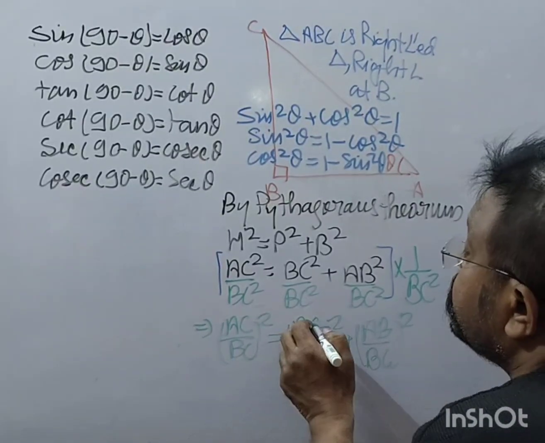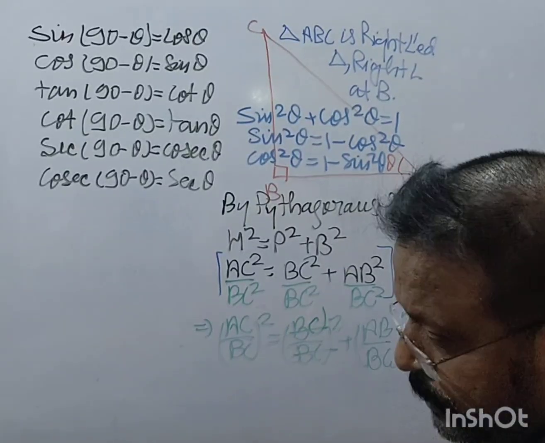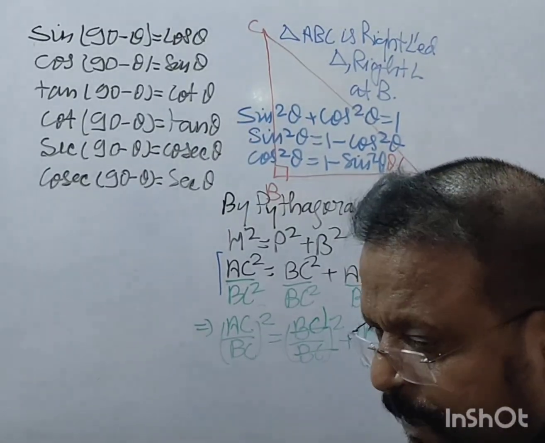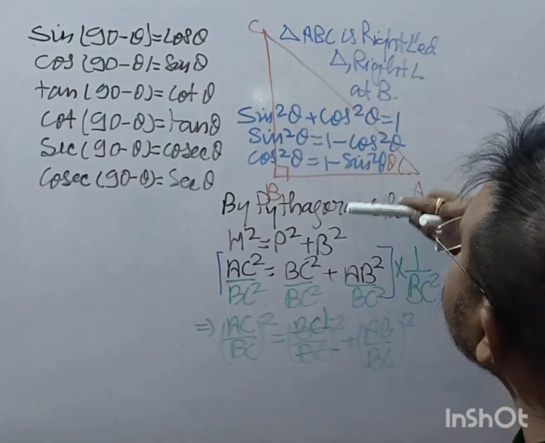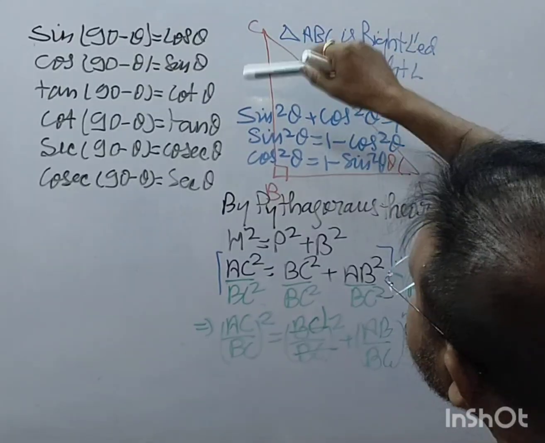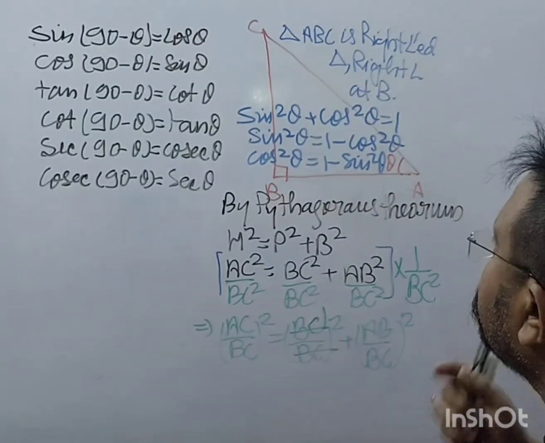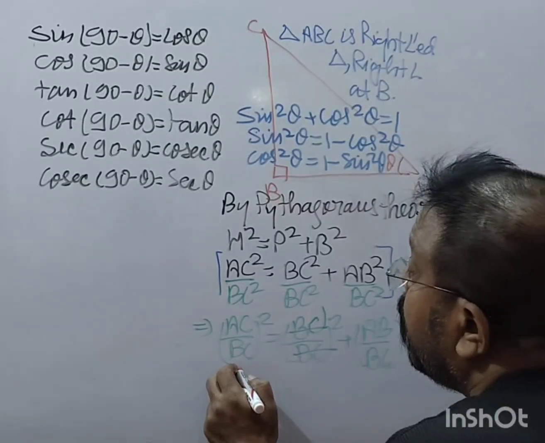BC and BC cancel out and you get 1. So AC upon BC is how much? Hypotenuse upon perpendicular.